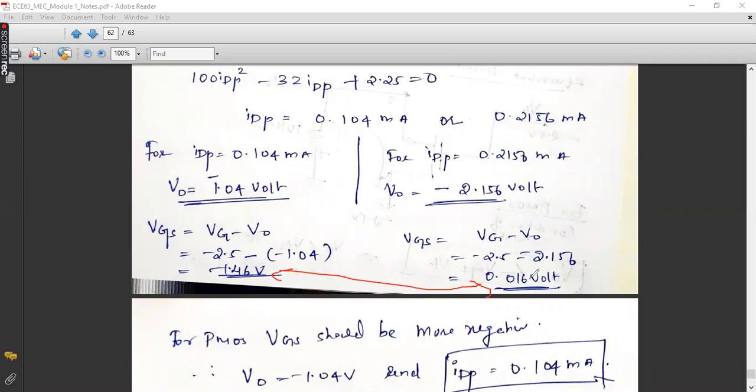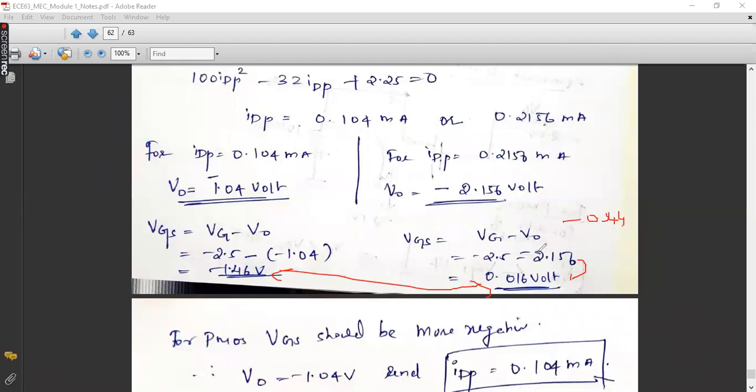What is the answer? Minus value you should get, sir. Okay, okay. So 2.156 minus 2.5, correct, no? Yes, sir. Minus 0.344. Okay, thank you. So here you can correct minus 0.344.